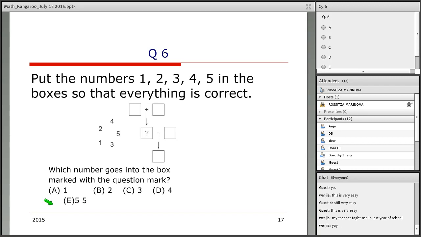You might have to move around your numbers while you're working on it. So maybe try using the numbers from 1 to 5 in different spots. Good job. Many of you have solved this, which is great.